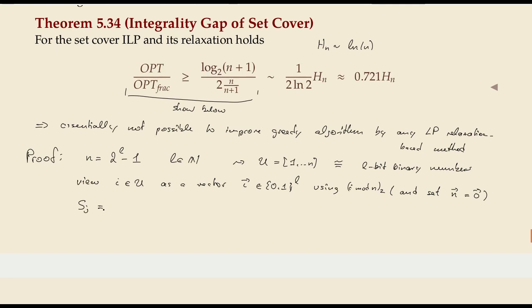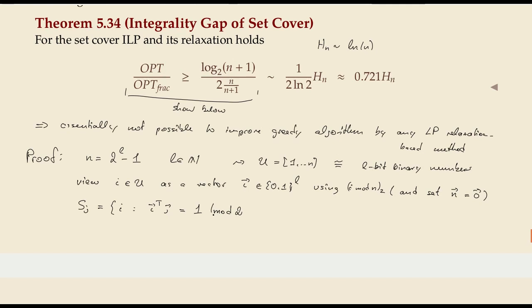Now we have the sets Sj, which consist of all the numbers i such that the i vector transposed times the j vector, so the scalar product of the two, is 1 modulo 2.